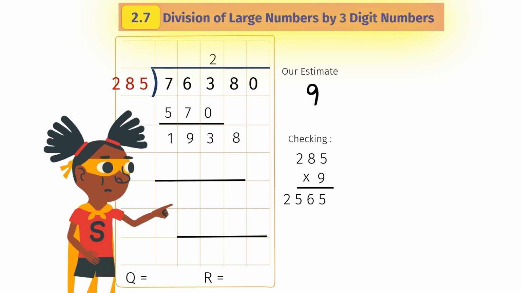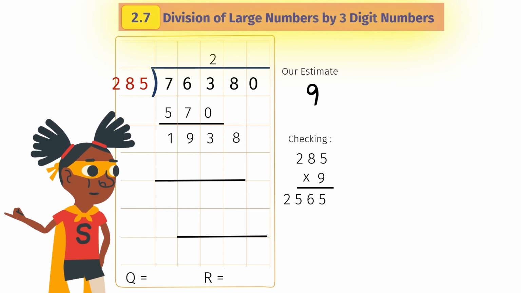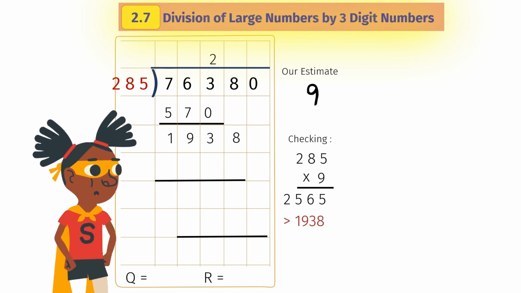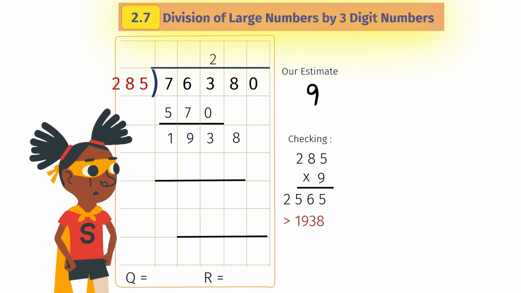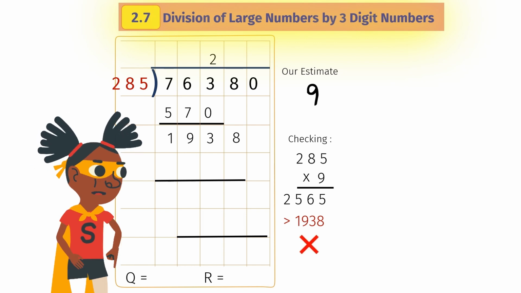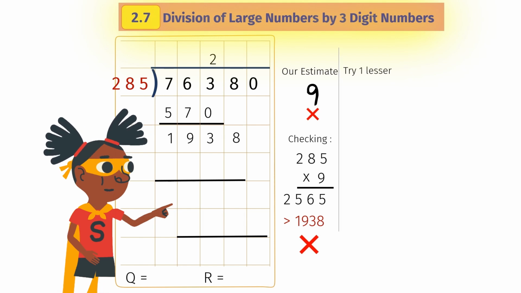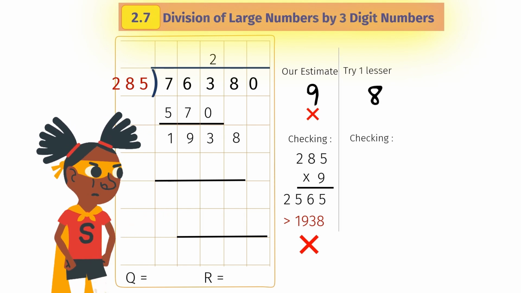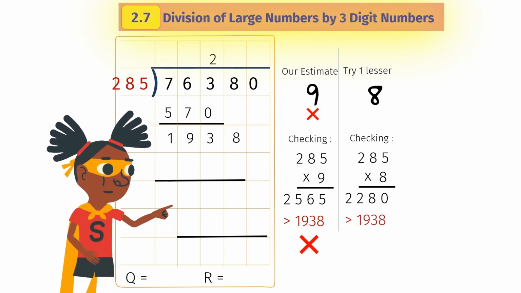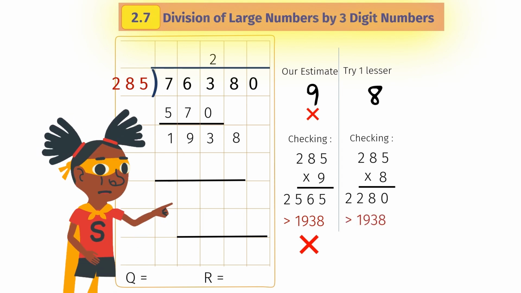Again, we check our estimate 9 by multiplying with 285. We get 2565. Now, 2565 is greater than 1938. Incorrect estimate. So we try 1 lesser. 8. 285 into 8 equals 2280. This again is greater than 1938.